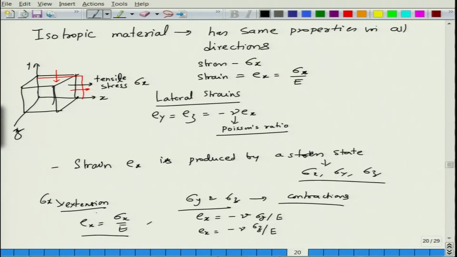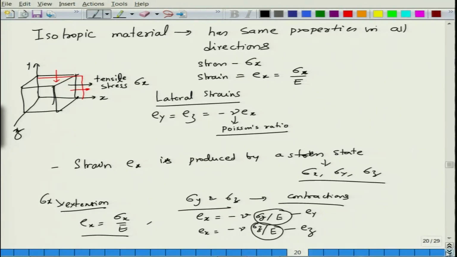So sigma x is causing extension, whereas sigma y and sigma z are causing contractions, and these contractions can be represented as Ex being equal to minus nu into Ey. Basically, this is sigma y divided by E, this is Ey, and correspondingly this will be Ez. This is correct now.